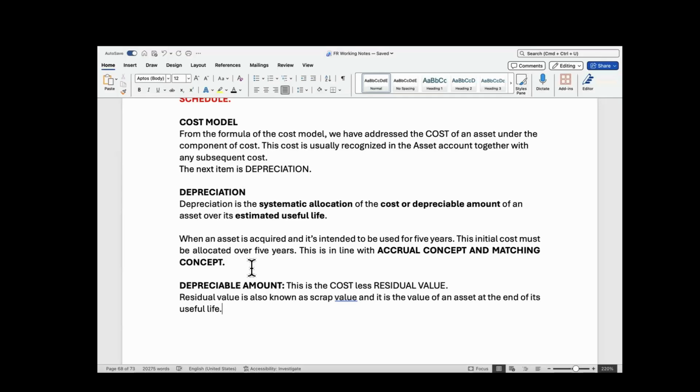The intention here is to get an allocated amount every year. So the amount that is available to be allocated over the life of an asset is usually the depreciable amount, whenever there is a residual value or scrap value on an asset.